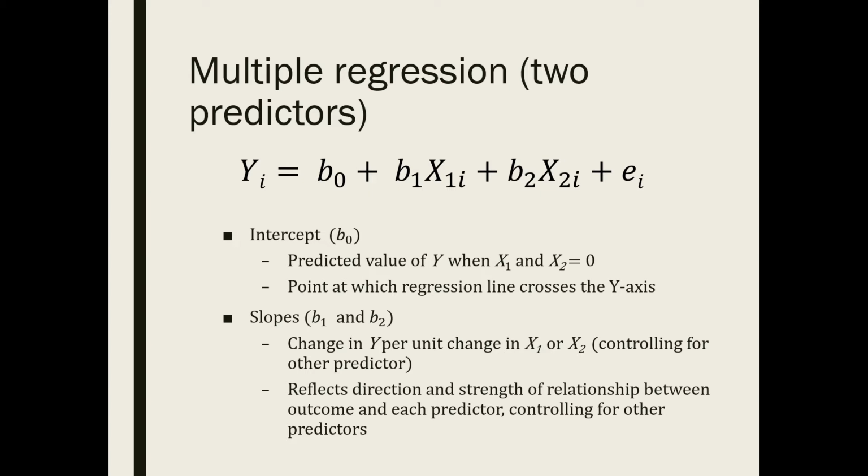So this is a lot harder to think about because we can no longer easily graph this, because now we're looking at three different variables and we're getting into some multi-dimensional stuff. But this is still the same basic concept, now applied to more and more complex dimensions. So it's still the point at which the regression line is crossing the y-axis.